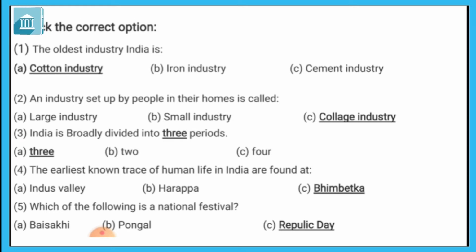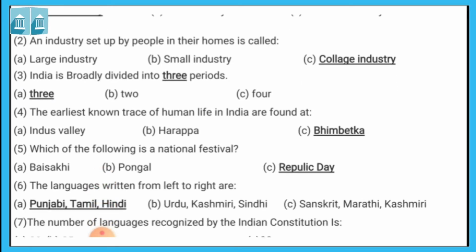Fourth, the earliest known trace of human life in India is found at? A, Indus Valley, B, Harappa, and C, Bhimbetka. Bhimbetka is the place where it was found that human life existed in India. So it is Bhimbetka.